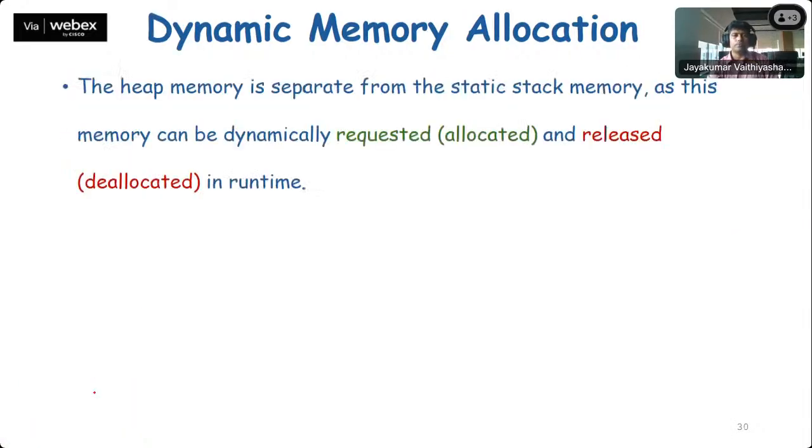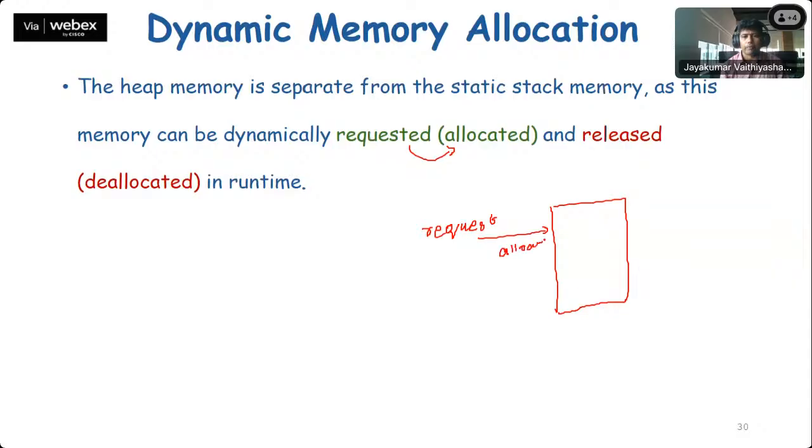Next we discuss dynamic memory. Heap memory is separate from static memory, and it is used for dynamically allocated data. If there is a request, it will get allocated. If the purpose is solved, it is released, that is, deallocated. After the task is accomplished, that memory space is deallocated.